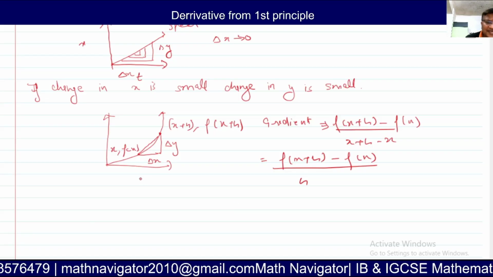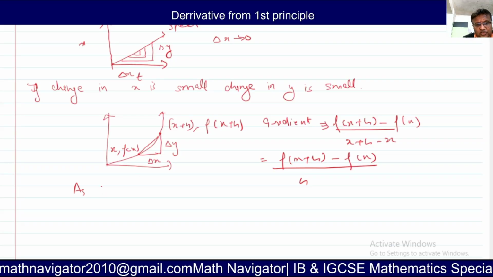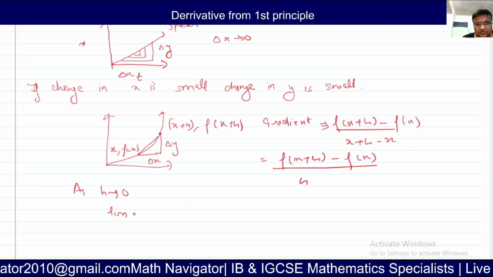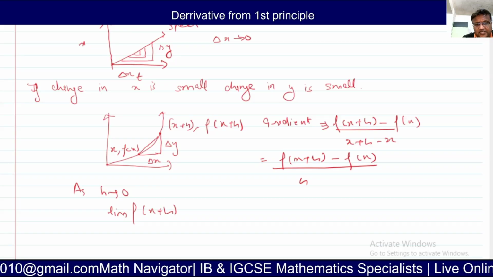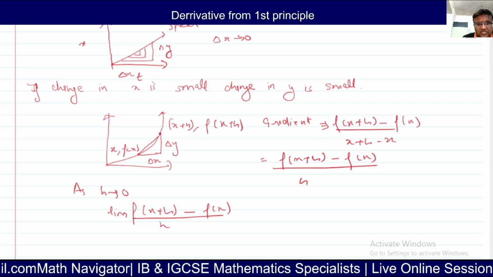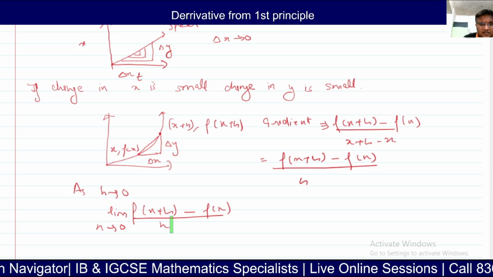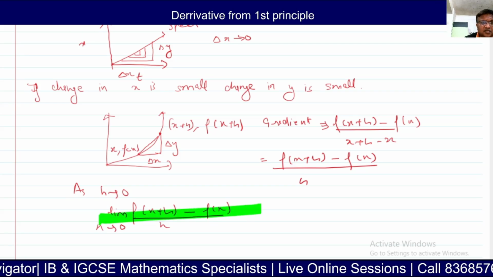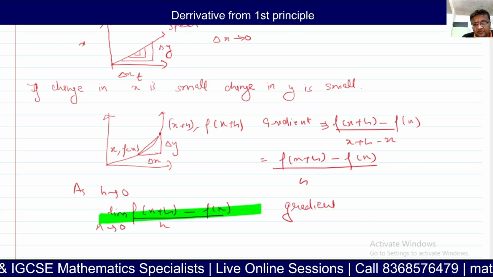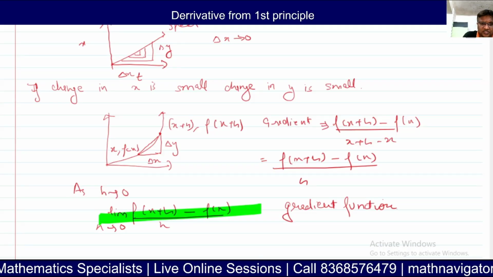As this delta x becomes very small, that means as h tends to 0, I can write the limit of f of x plus h minus f of x over h as h tends to 0. This whole thing is called the gradient function.